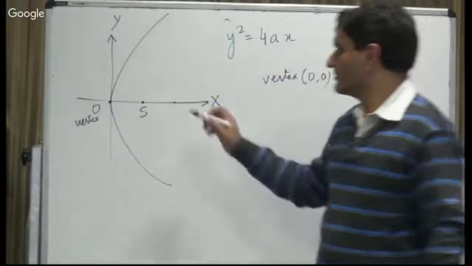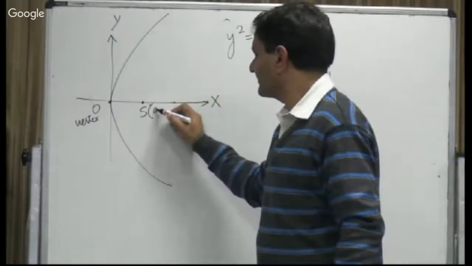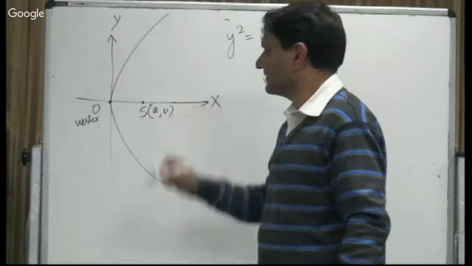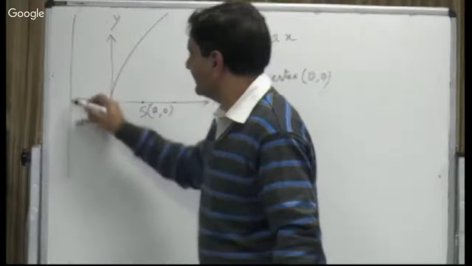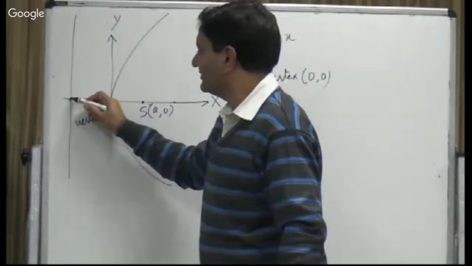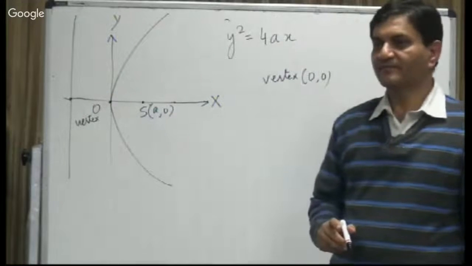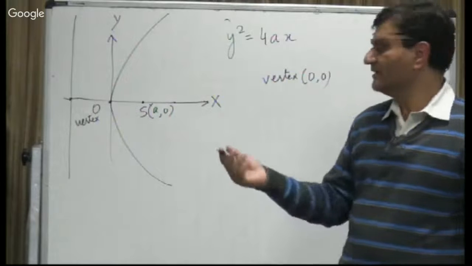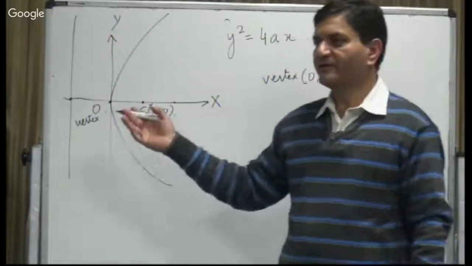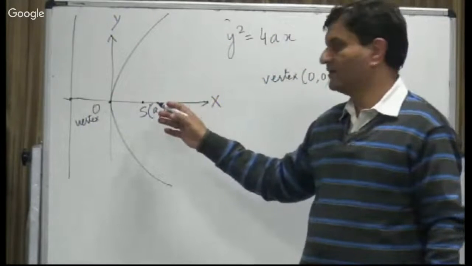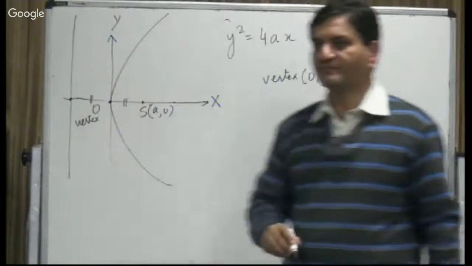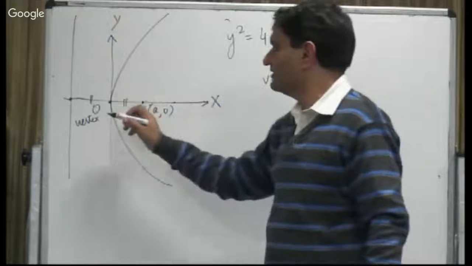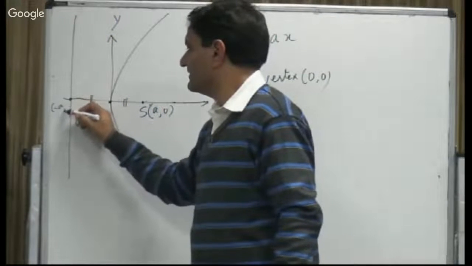If the coordinates of focus are a, 0, then the directrix will pass through the point minus a, 0, for the simple reason that every point should be equidistant from focus as well as directrix. So if this is a, 0 and this is the origin, this point will be minus a, 0.